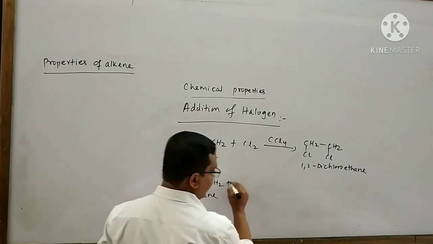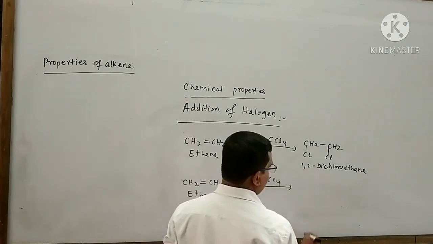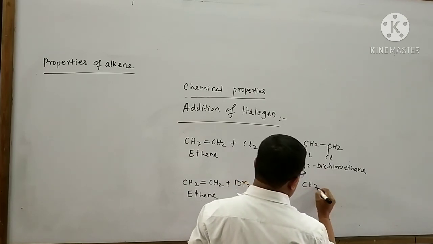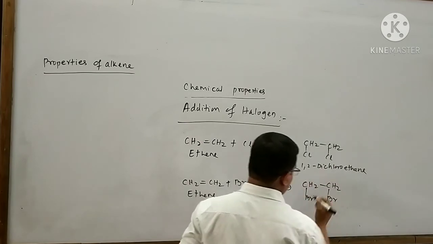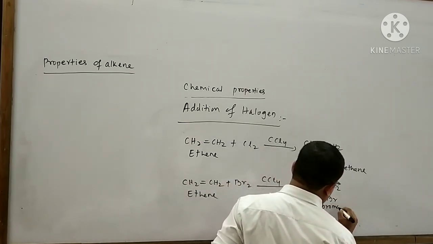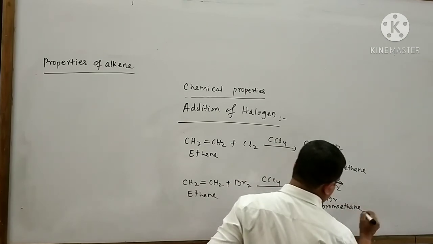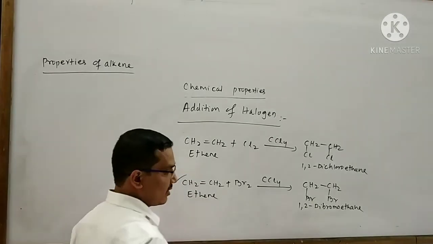When ethene is subjected to reaction with bromine in the presence of CCl4, then this product will be formed. The name of this product is 1,2-dibromoethane.